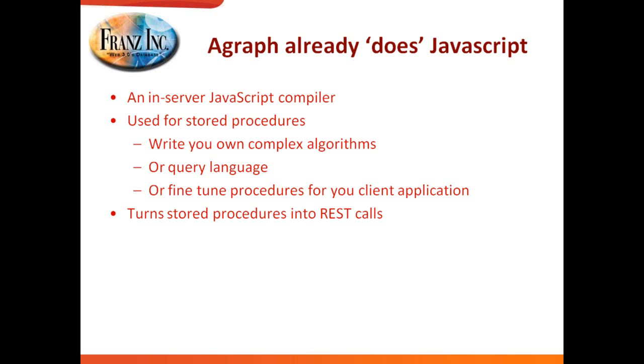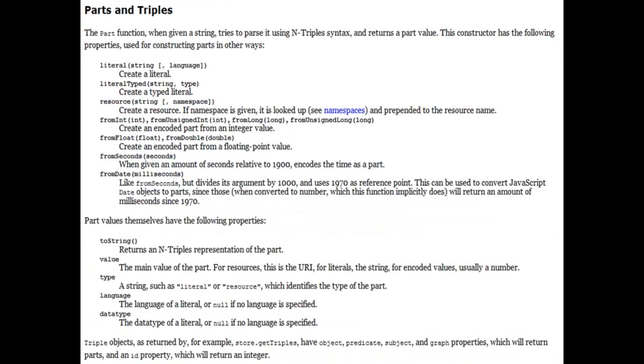For people that know the Sesame API, it looks kind of like the Sesame API. You can turn any string into a literal or a resource with the namespace, and you can do all kinds of data type manipulations on integers, floats, and seconds, and what have you. Then there is a whole series of functions built in our JavaScript, a library on top of JavaScript that allows you to play with triples in the triple store.